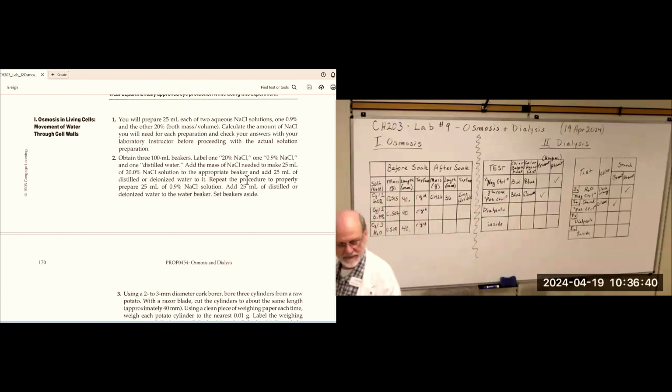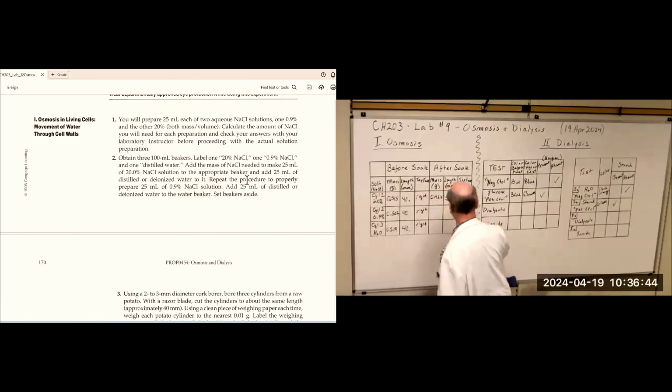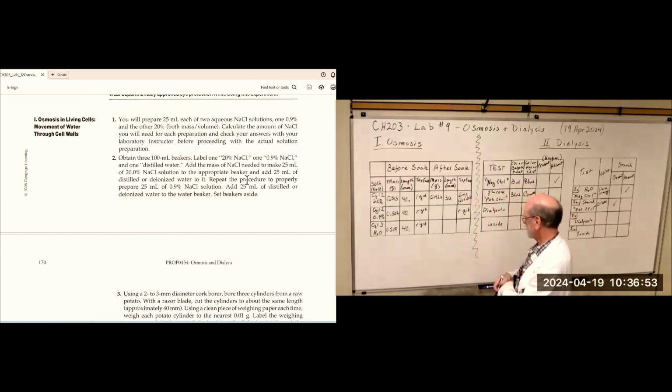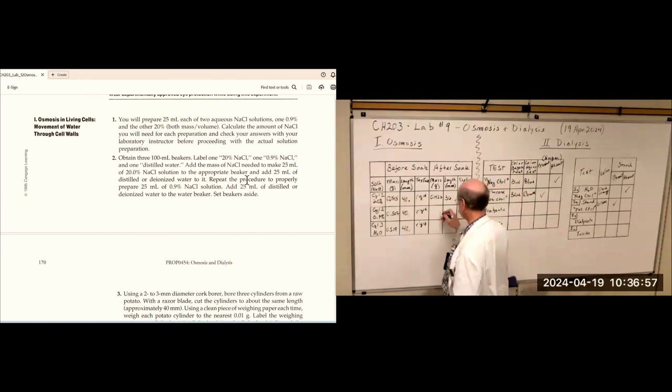This one's still hard. Still rigid? Yeah. Okay. 0.51.